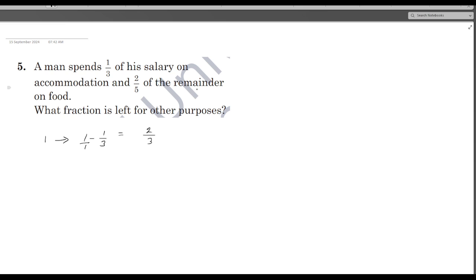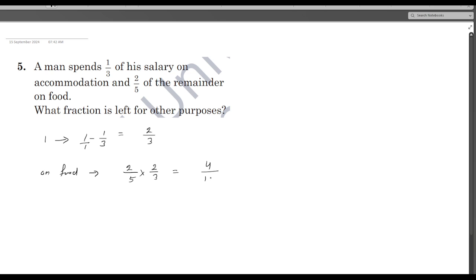Okay, now 2/5 of the remainder on food. So here on food the amount spent is 2/5 of the remainder, which is 2/3. So 4 divided by 15 is spent on food. So out of 2/3, 4/15 is spent on food.